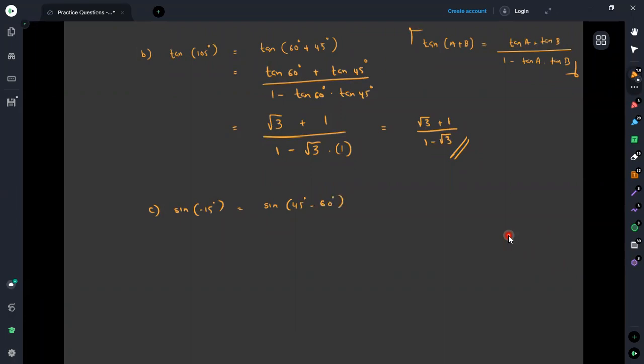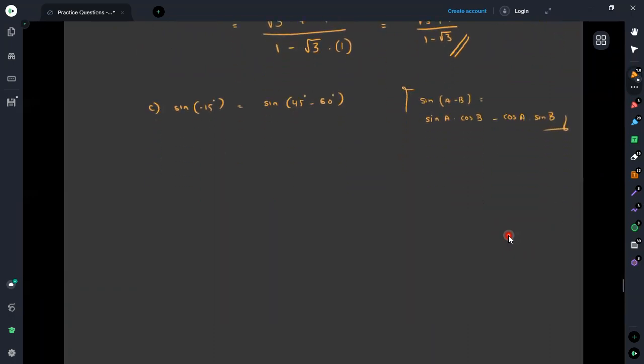It is given in the form sine A minus B. If we have sine A minus B, we can take this as sine A cosine B minus cosine A times sine B. Using this equation, along with the substitution, we can write down the equation.